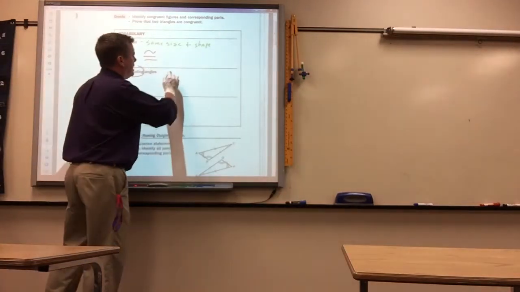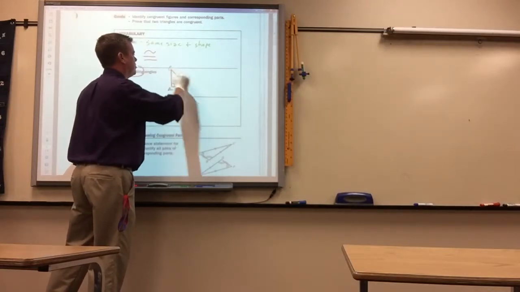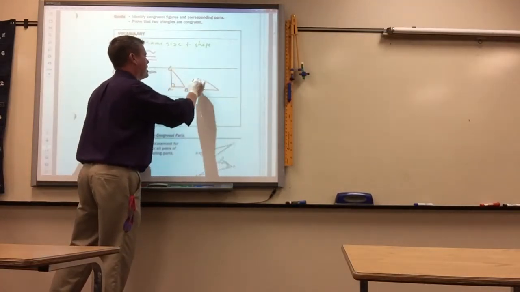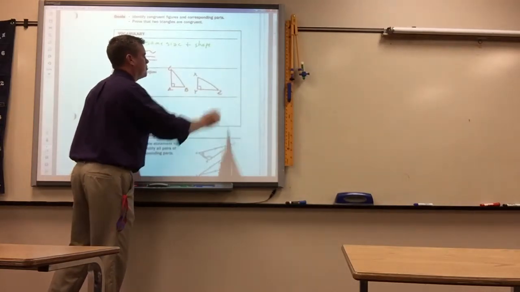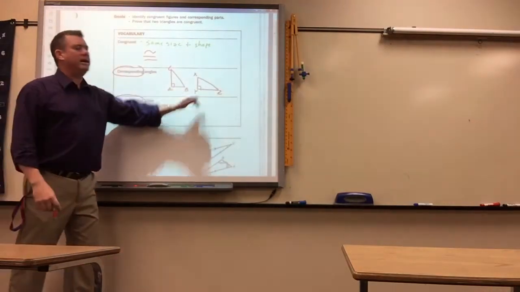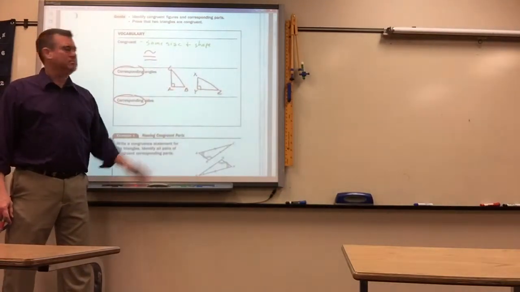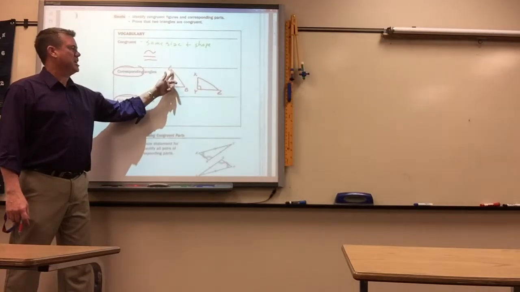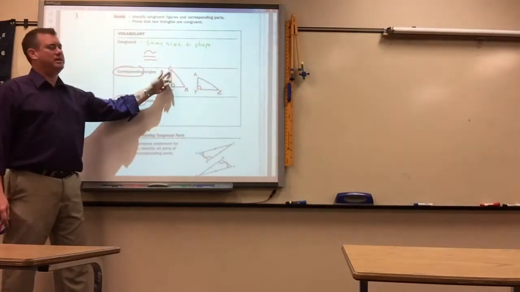So corresponding angles are like if you've got two right triangles that are the same size. A and Y are both 90s, so they're called corresponding angles. C would be the same as which one? Z, so they're corresponding.